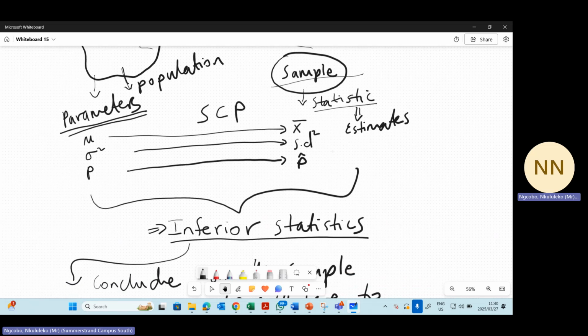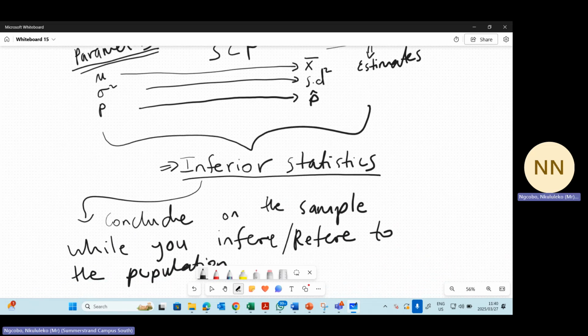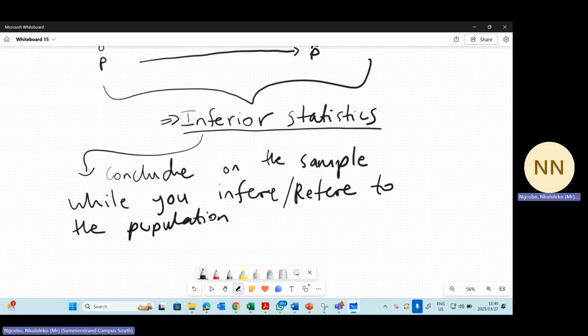And in doing so, what you're doing is called inferential statistics, where you're concluding based on the sample about the whole population.